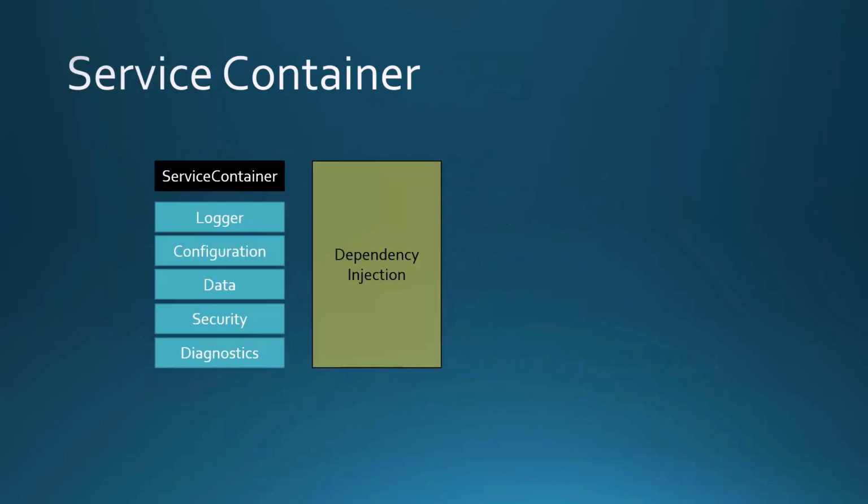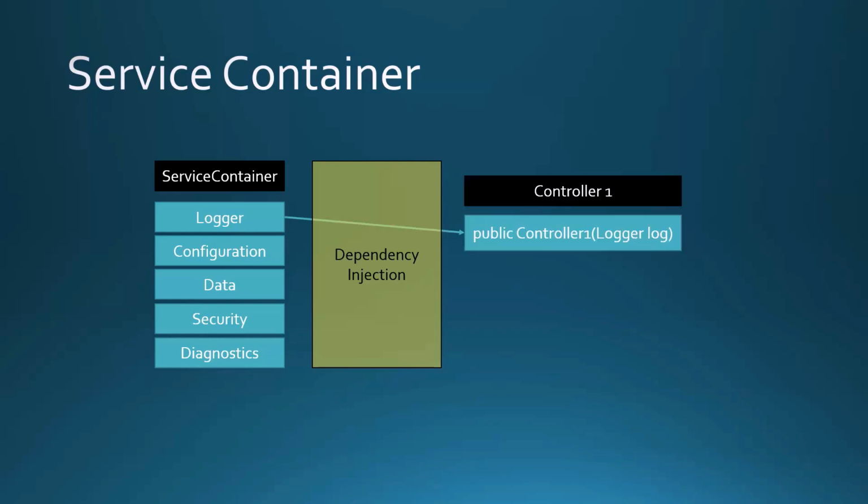So the way this works, let's say we have a service container structure, and it's got a logger in it and a configuration manager type class in there and a data class and a security class and a diagnostics class. What happens is if a controller in their constructor or in one of their action methods has the same name of a class that's in the service container, when that controller gets created by ASP.NET, through dependency injection, it goes out to the service container and grabs an instance.